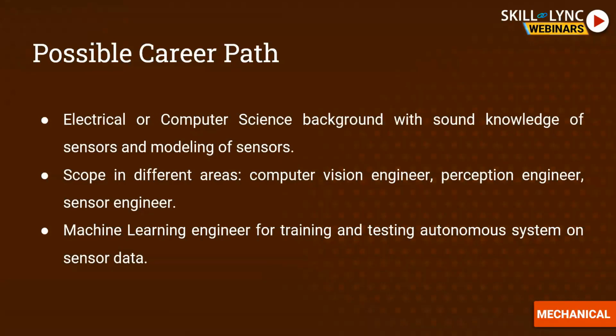So for that we need training and testing, and the typical task of a machine learning engineer or a computer vision engineer is to train and test these autonomous systems. And when I say autonomous systems, I mean object detection algorithms and localization algorithms on this sensor data. Once we have our model fully trained on this data, we create a different set, that is the test set.